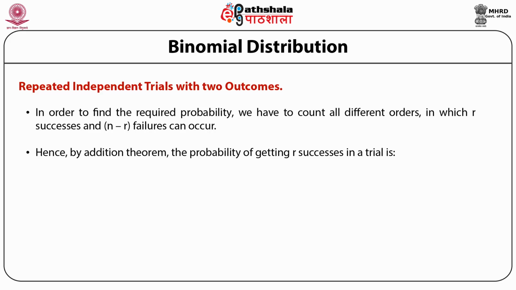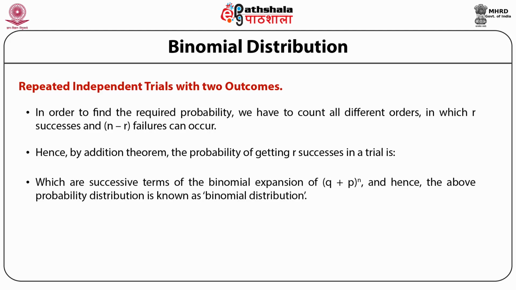We notice that the probability of 0 successes is assigned q^n, the probability of 1 success is assigned nC1, p raised to power 1, q raised to power n minus 1, and so on, which are successive terms of the binomial expansion of the expression q plus p raised to power n. Hence, the above probability distribution is known as binomial distribution.